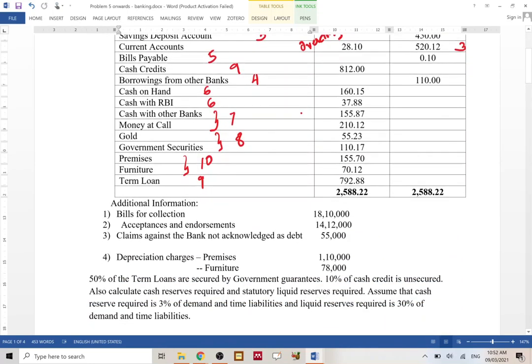Okay, then bills for collection, we know it's a separate item that goes into the balance sheet. Correct? Doesn't get added to any liabilities or assets. Acceptance and endorsements and claims against the bank which are not acknowledged as debt. These type go to contingent liabilities. Depreciation, of course, we know we have to charge it on fixed assets in Schedule 10.